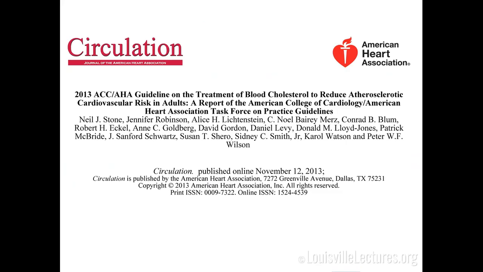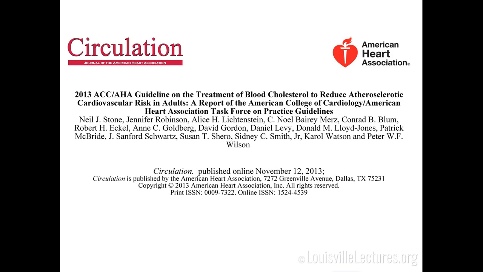So how important are these risk scores in our clinical practice? These are the 2013 guidelines for the treatment of cholesterol. Steve Wagner reviewed these at Grand Rounds a few months ago.